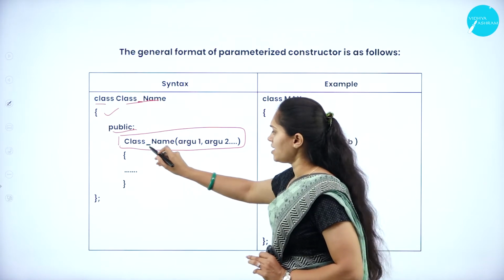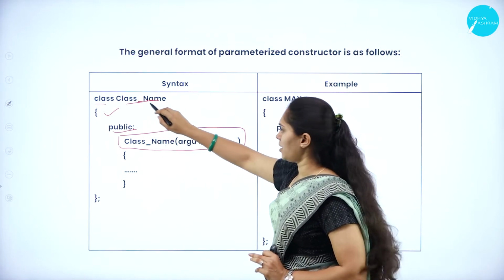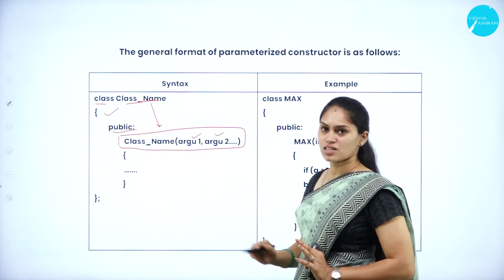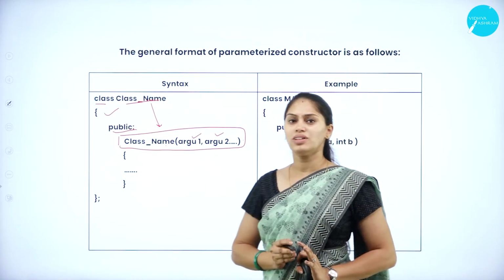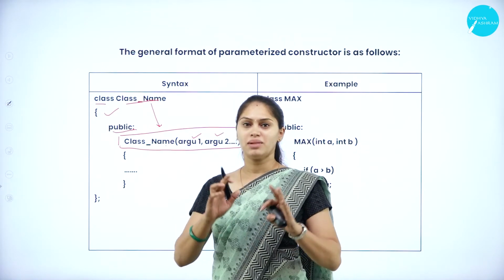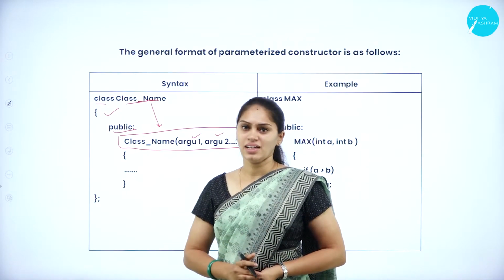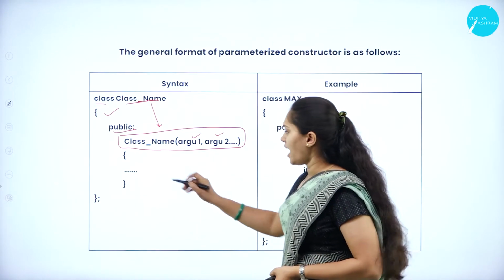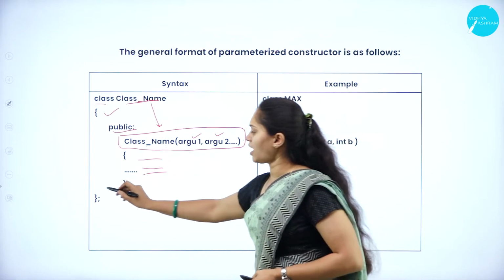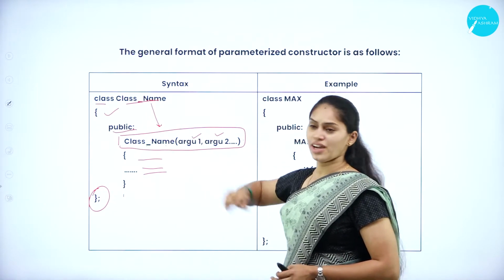Looking back, the constructor name is the same as the class. Here I am sending one or two arguments. There is no restriction on the number of arguments. You can send any arguments, but it must be limited to a particular type of program. Getting? And this indicates the function body of this constructor, and this specifies the end of the class.